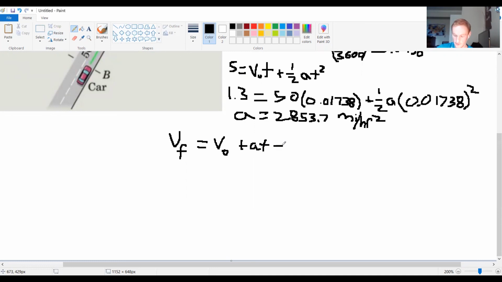Now if we plug in just one more time, you get 50 plus the acceleration we just found, multiplied by the time, which is 0.01738.